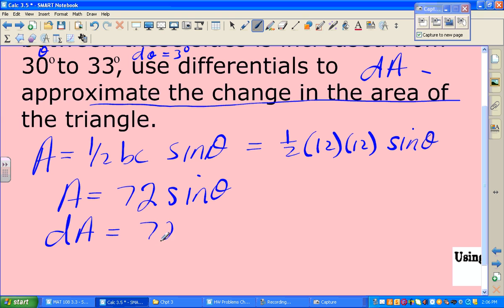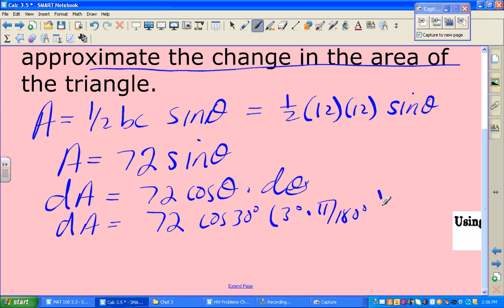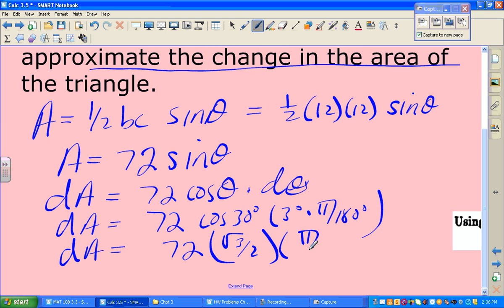That's going to be 72 cosine theta times d theta. Oh, that's pretty easy. 72 cosine of 30 times 3 degrees times pi over 180. Root 3 over 2 times pi over 60.